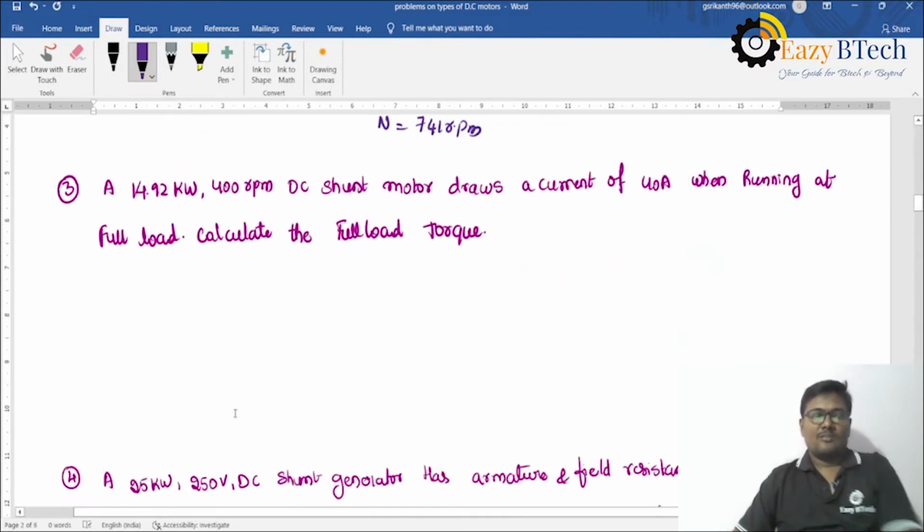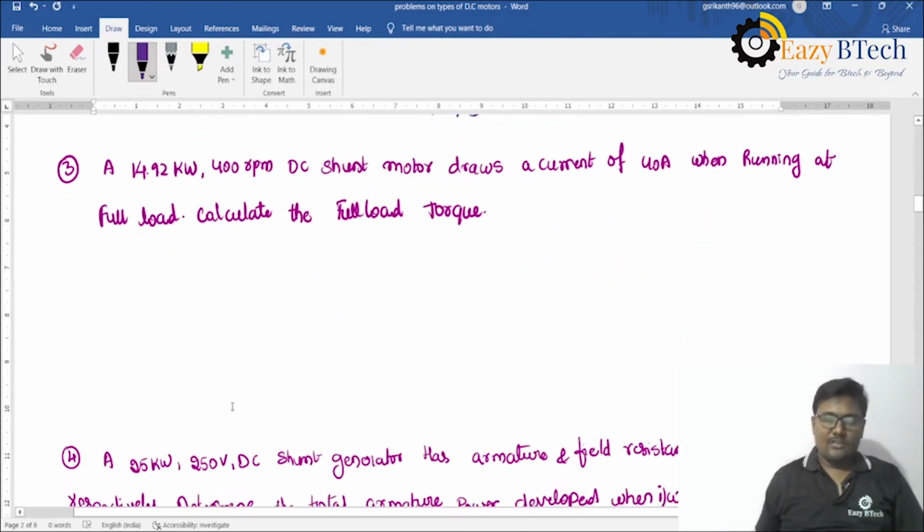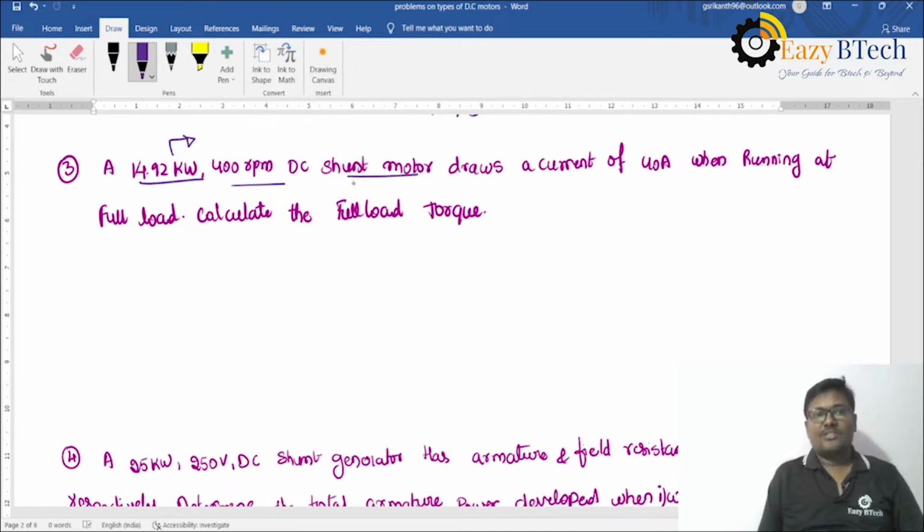The next problem: a 14.92 kilowatts, 400 RPM DC shunt motor draws a current of 40 amperes when running at full load. Calculate the full load torque.